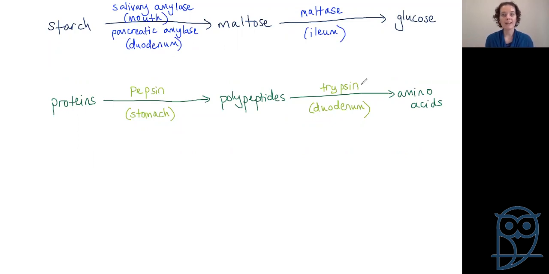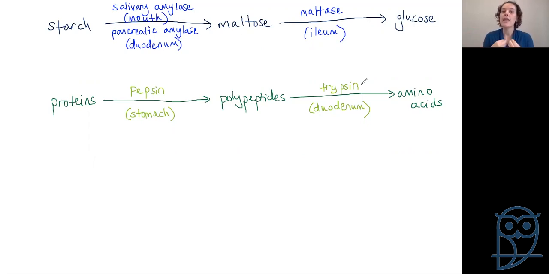You've got to bear in mind that because you're covering so many different topics at IG, you're covering them all only to a certain depth. So we don't get into all the detail of every enzyme that is involved in digestion. Okay, so what you need to know for your IG Bio is proteins to polypeptides to amino acids, and we've got pepsin and we've got trypsin.